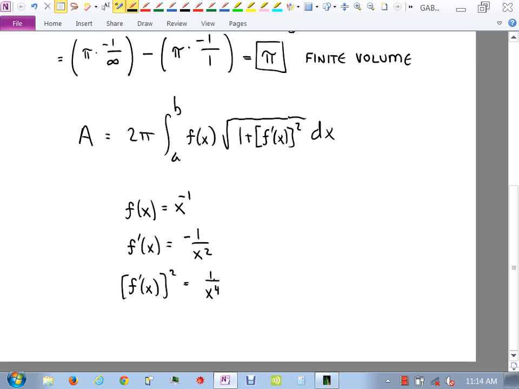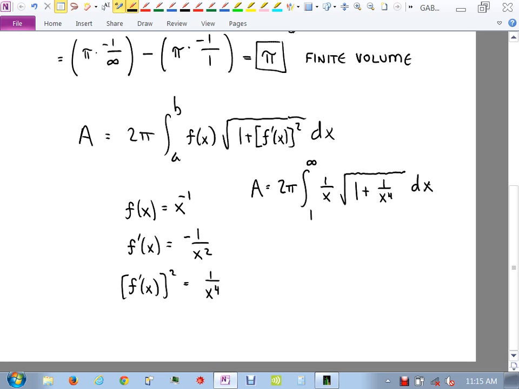Agreed? So my area will be 2 pi times the integral from 1 to infinity of the function itself, 1 over x, times the square root of 1 plus 1 over x to the 4th, dx. Everyone agree with that?